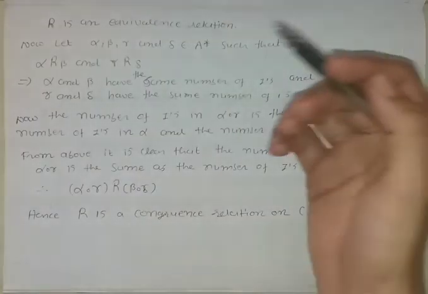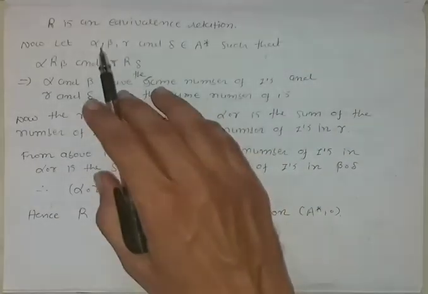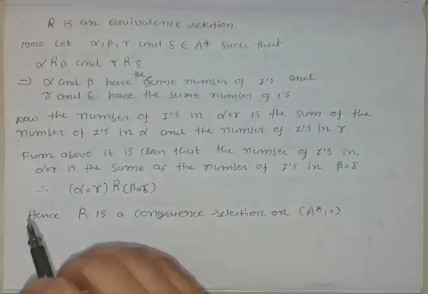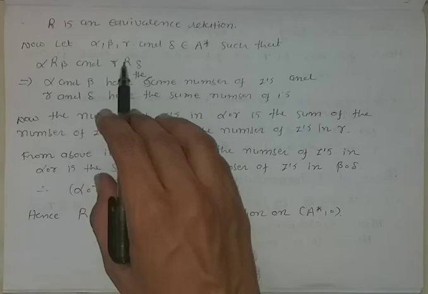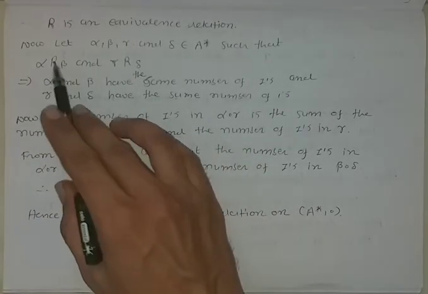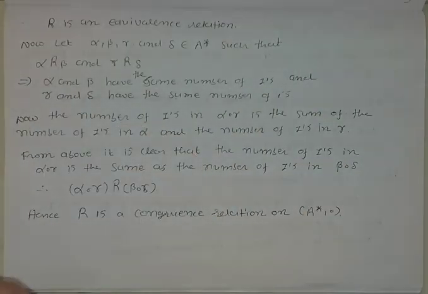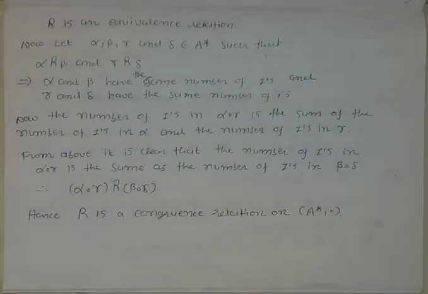Now R is an equivalence relation. Now we show the second property. For that, consider four elements alpha, beta, gamma and delta belonging to A star, such that alpha is related with beta and gamma is related with delta. Okay, so alpha and beta have the same number of ones, and gamma and delta have the same number of ones.